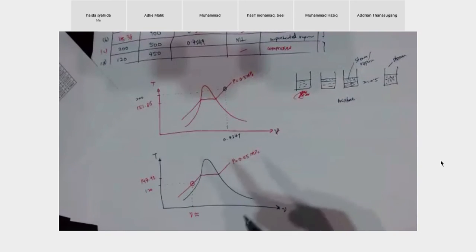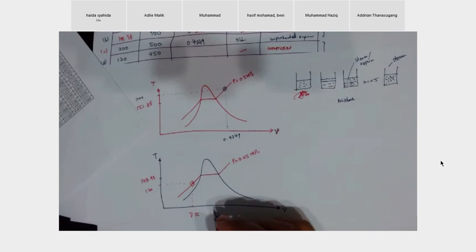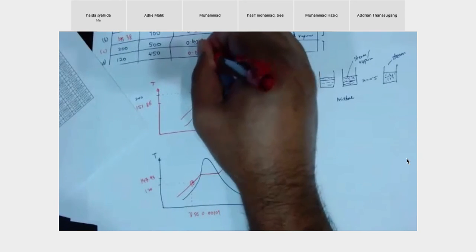Masih water lagi. So V equals VL is what? What is VL? Okay, so that's a compressed liquid.